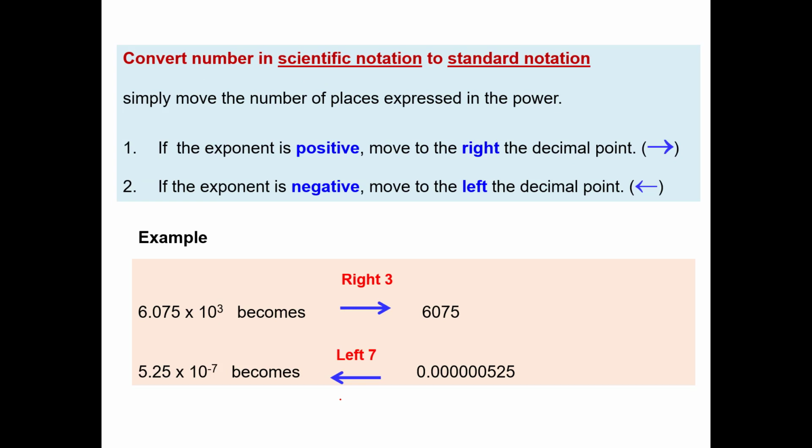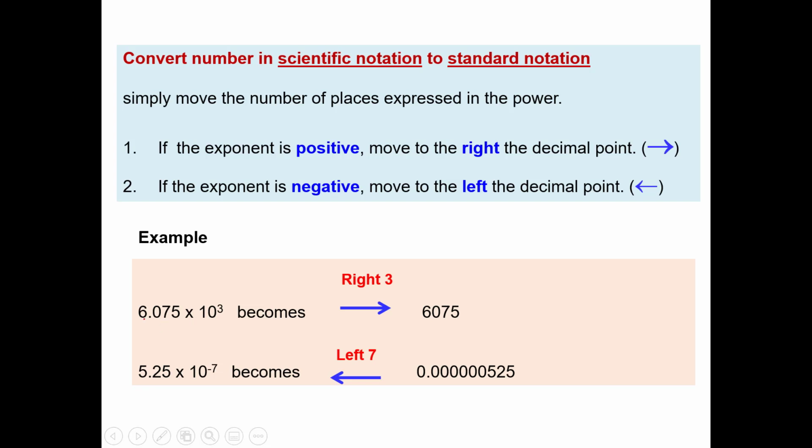We want to convert any number in scientific notation to standard notation. What we have to do is move the decimal point to the right if the exponent is positive, and to the left if the exponent is negative.